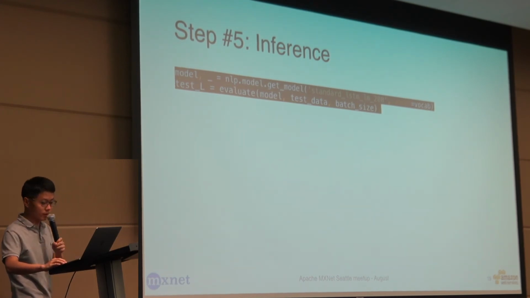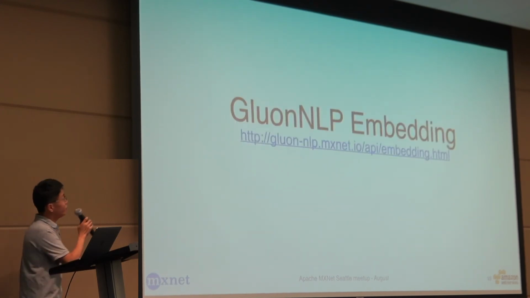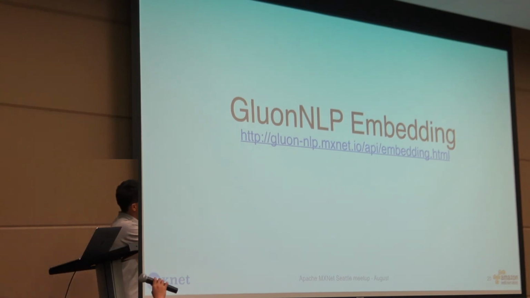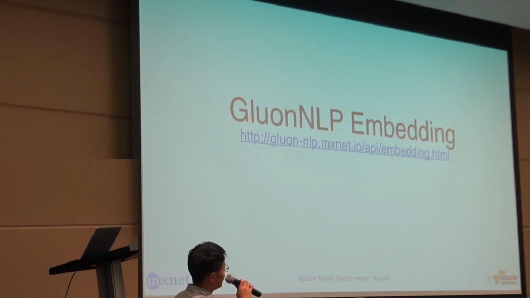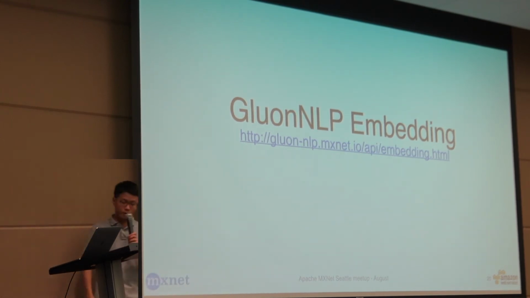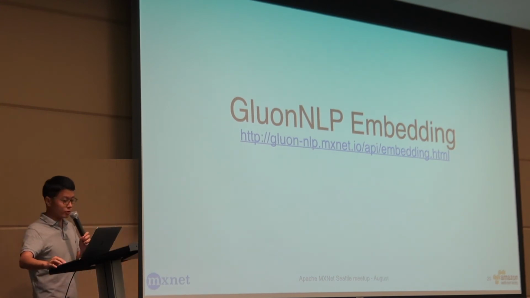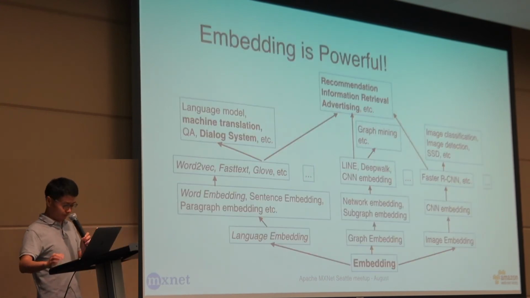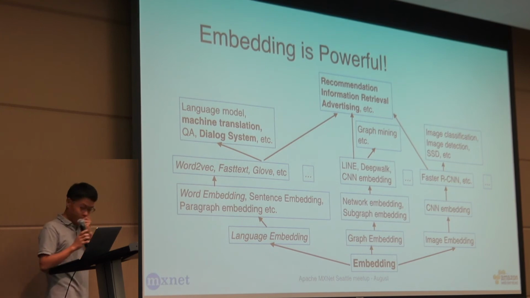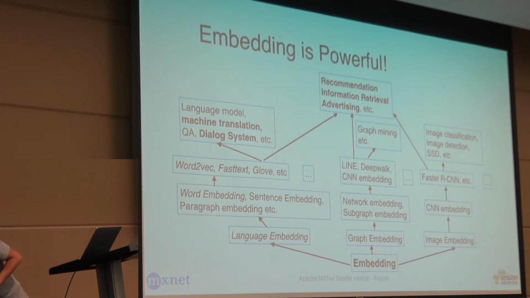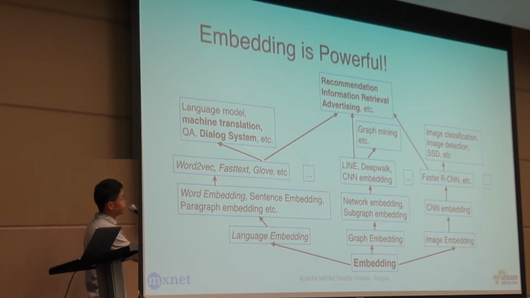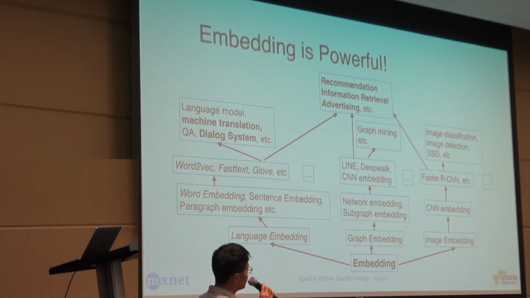So finally, I want to cover a little bit about embedding, because I think embedding is of general interest and it's very useful. I think we can draw this big picture to see why embedding can be very useful.